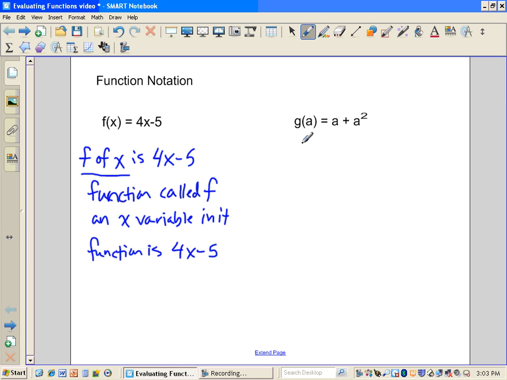Another example over here, we would say this as g of a is a plus a squared. Same thing. This is just a function called g.